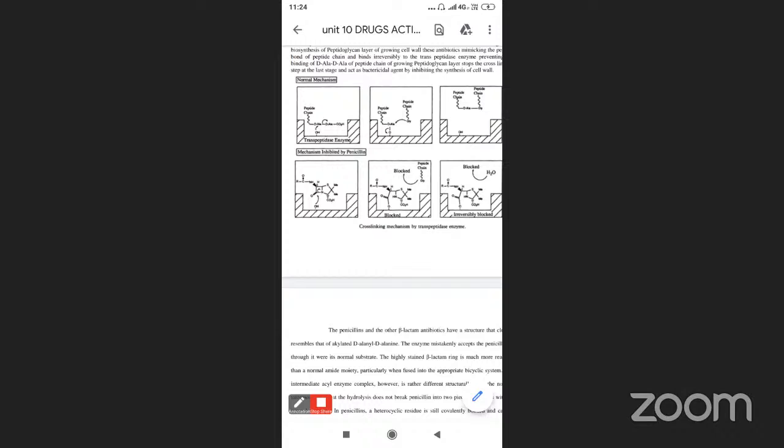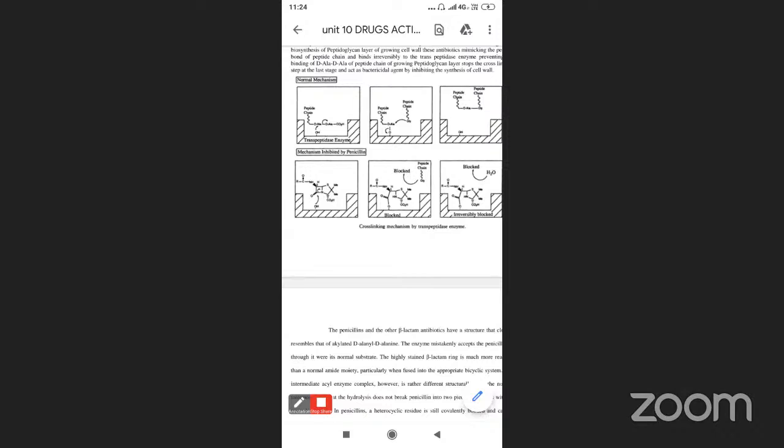And in the reversible inhibition, we have three types: competitive reversible inhibition, non-competitive reversible inhibition, and uncompetitive reversible inhibition. This mechanism is a type of competitive reversible inhibition.